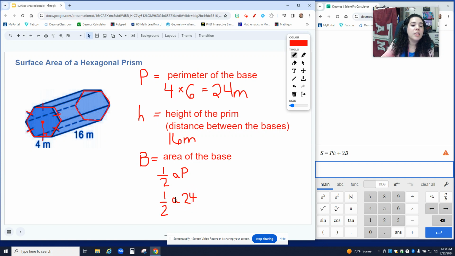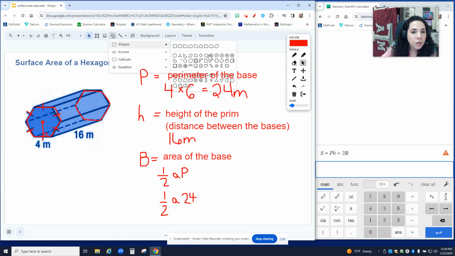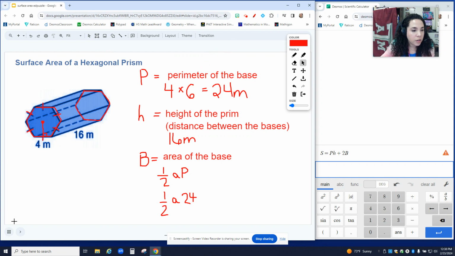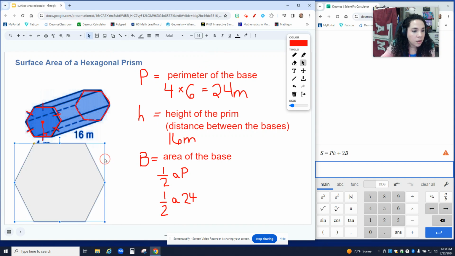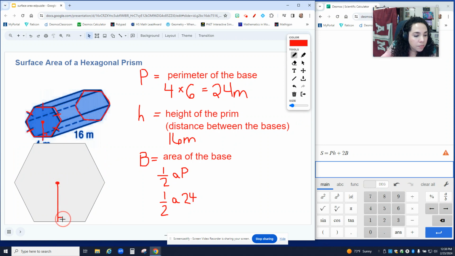Okay, so now let's calculate what the apothem would be. So I have this hexagon, and let me just get a big hexagon here for us so we can zoom in a little bit more. We have a hexagon. We have a side length of 4. This is our apothem.